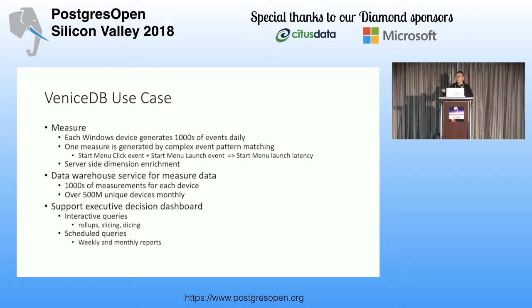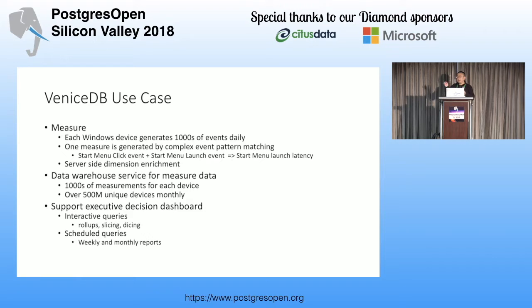It's a batch system to stitch the events together, to sessionize them, and to fabricate the thing we call a measure. Say, as an example, if you click on the start menu on such a Windows laptop, at least 2 events get fired: one start menu click, and the other start menu launch. From those 2 events, we can fabricate a measure called start menu launch latency.